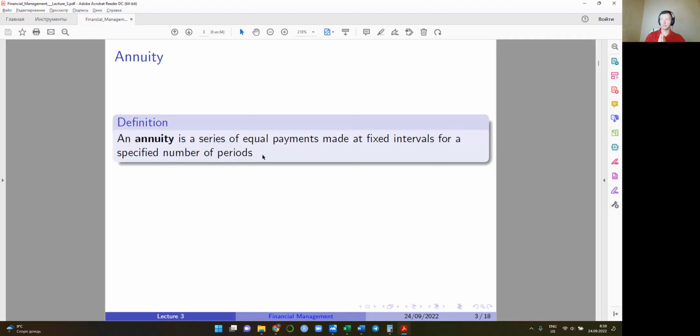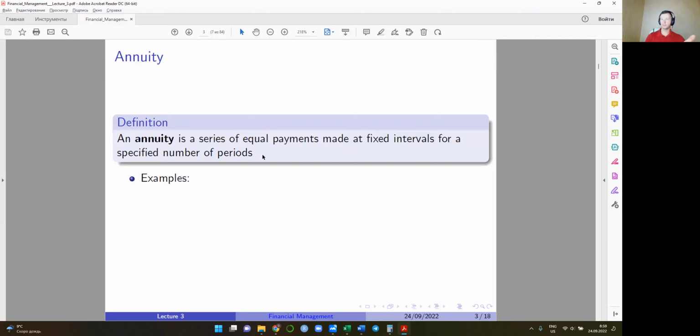Fixed intervals, which means that intervals between them are the same, like 10 today, 10 after 1 year, 10 after 2 years, 10 after 3 years, and so on. So every time the distance between two elements is the same. For a specified number of periods, we must know the exact maturity of this cash flow. It's either 3 years, 5 years, 10 years, 30 years, doesn't matter. What matters is that it is finite.